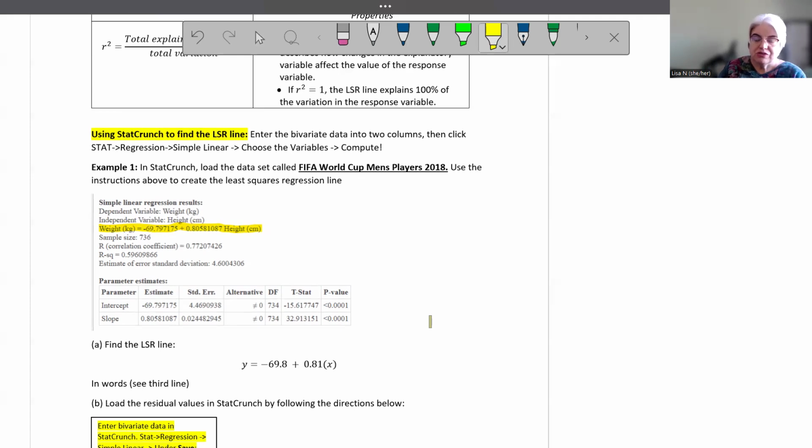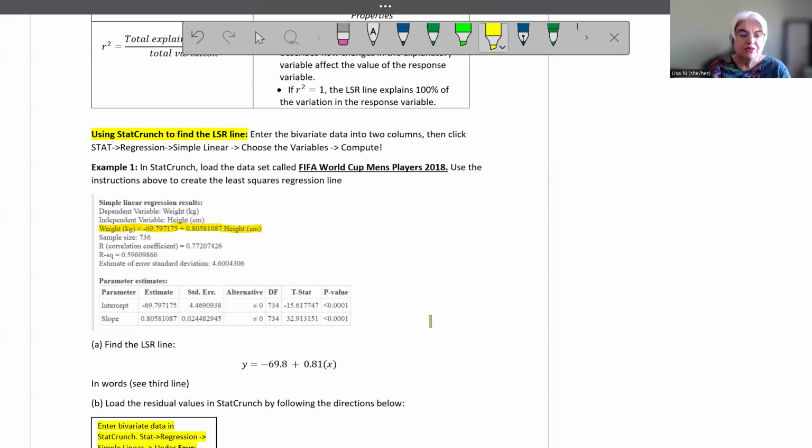This particular data set is from 2018. It lists all the players and a lot of different stats about the players. And usually height and weight are related, so I picked the two of those. The dependent variable is the weight, and the independent variable is the height.